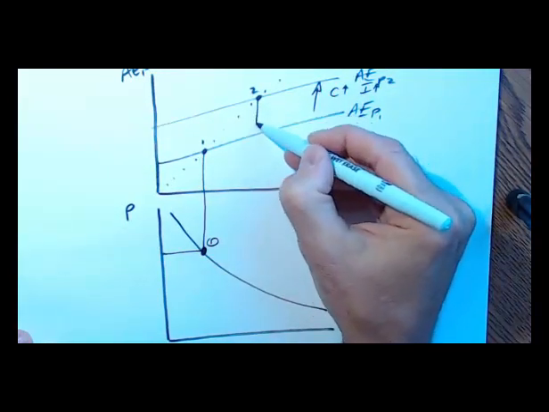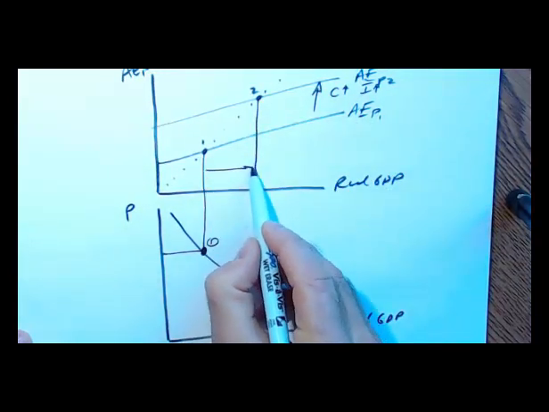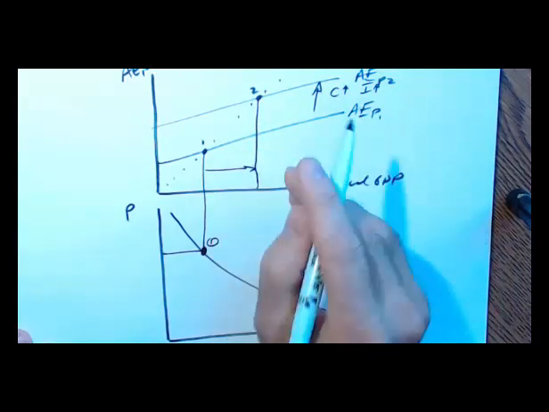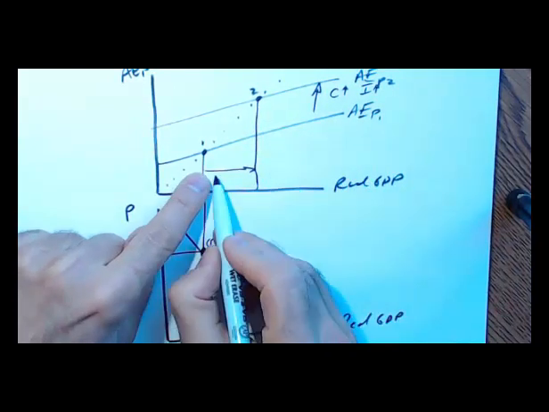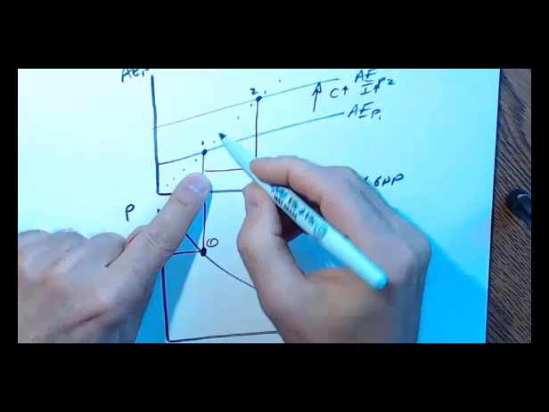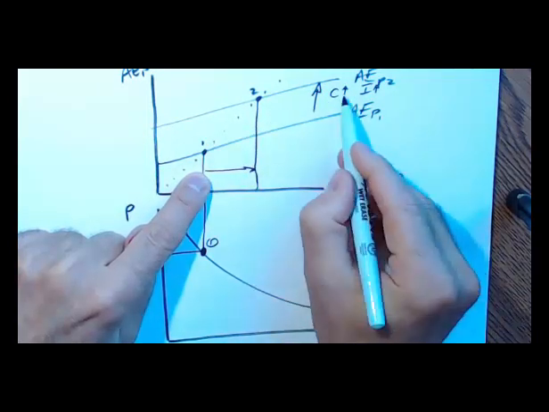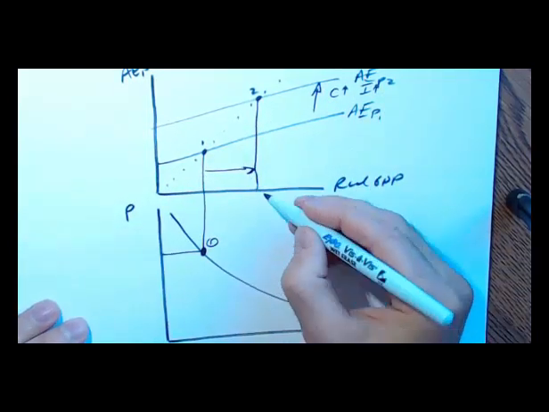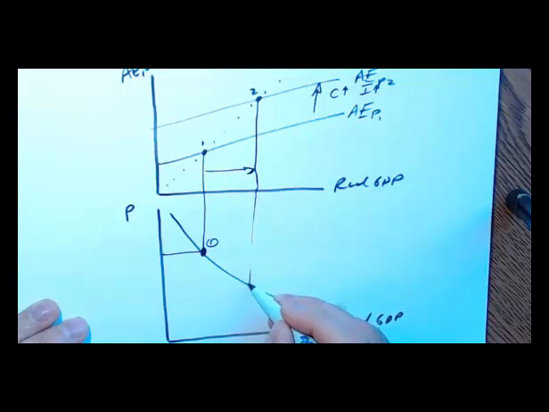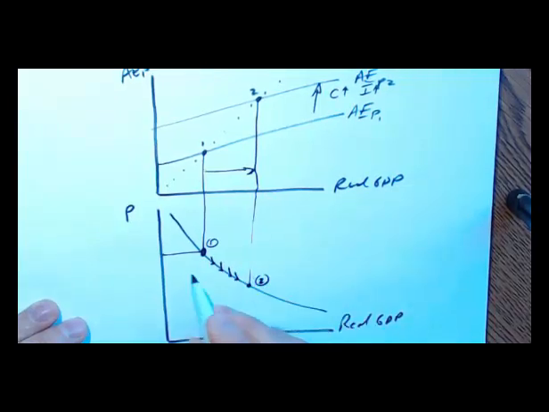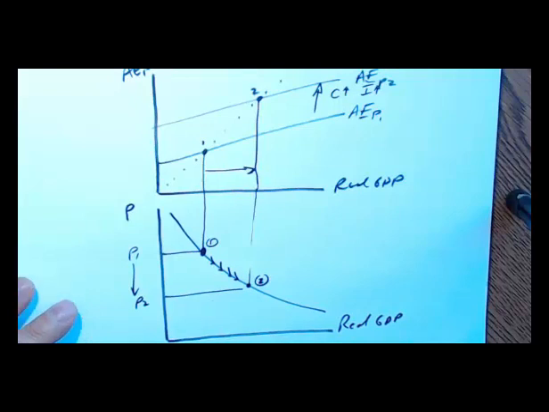We had the multiplier effect. It doesn't show up very well here, but this is bigger than the change we have in consumption and investment. So we slide down the aggregate demand curve because prices went down, from P1 to P2.